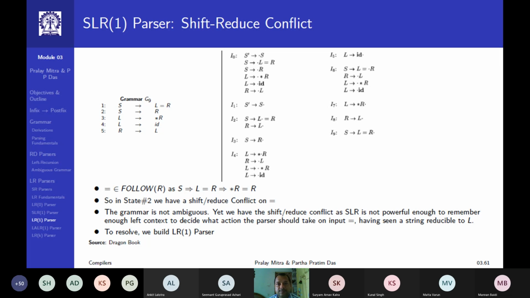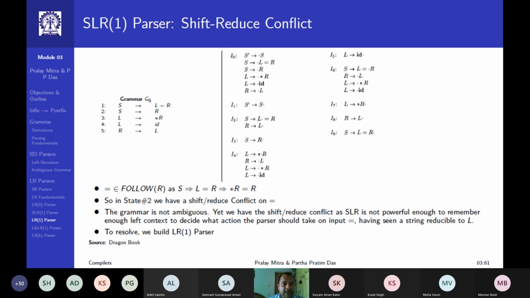When the suggestion is for both, it is really a confusion which one to take. Shall I go for shift or shall I go for reduce? The suggestion accepted by SLR1, which is stronger than LR0, is that for the conflicting cases, you follow the follow of that non-terminal.